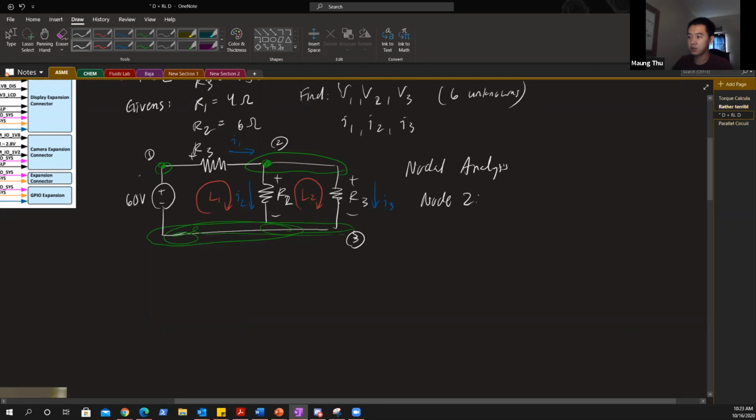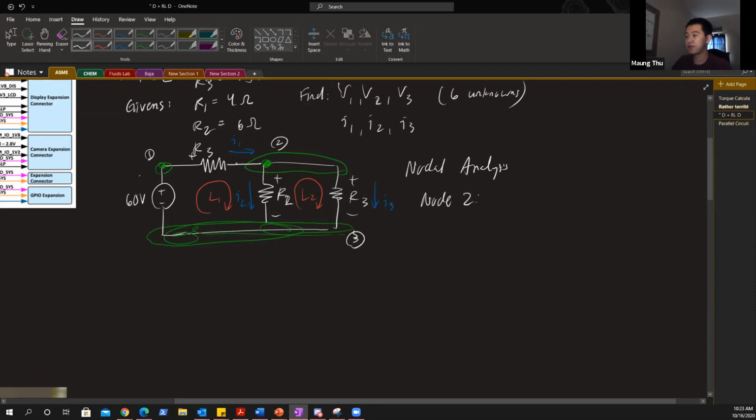They're not going to share the same current. So that means that 2 and 3 should not be the same. That should have given you a hint, right? At the same time, your current 1 should not be the same either, because that's coming directly from the battery source. So basically when current 2 and 3 are added together, it should be equivalent to current 1.